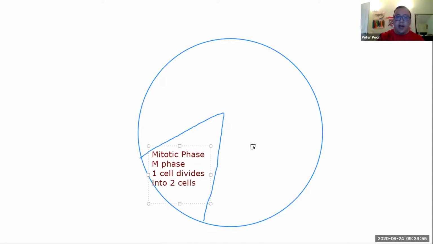We can really see one cell turn into two cells, and we can see the nucleus disappear and all the other stuff that goes on in this phase. But we couldn't see anything else.